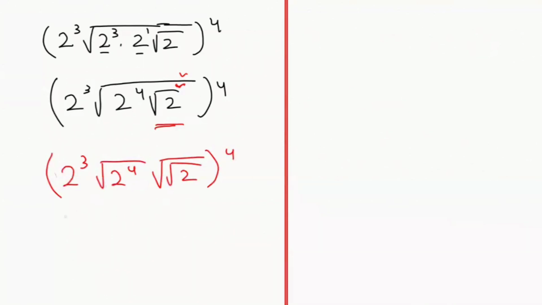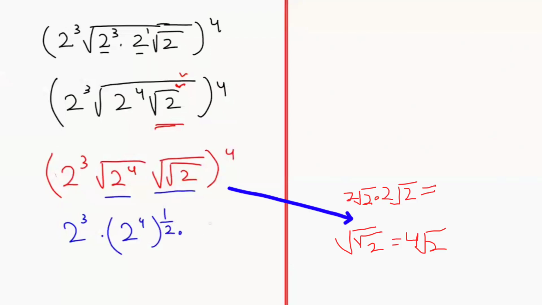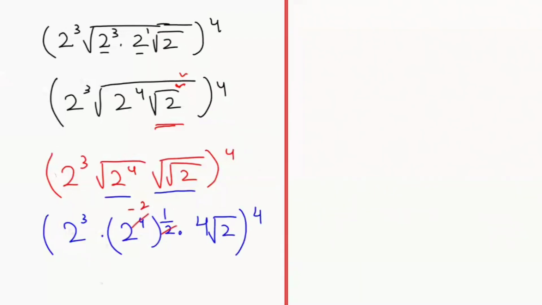Now I'm going to express this 2^4 to the power of 1 over 2, and in replacement of this I'm going to write 4√2)^4. Now this and this get cancelled and the expression we get, we have the power 2 in this. So (2^5 times 4√2)^4.